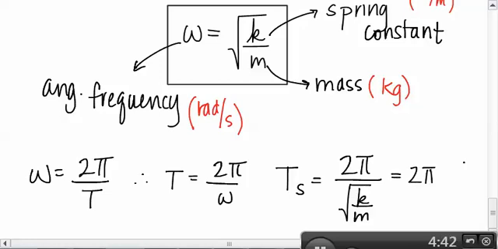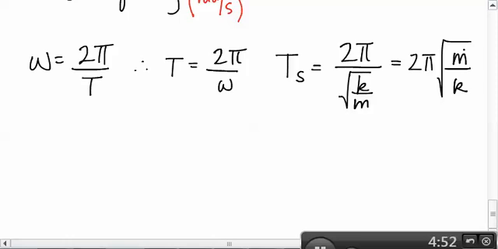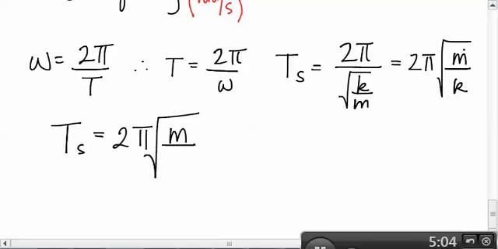Let's flip over the square root business. m over k. And y'all like a box, so I'm going to write it down here so it'll be nice and pretty. The period of an object oscillating on a spring is equal to 2 pi square root of m over k. And we'll throw a box around that.